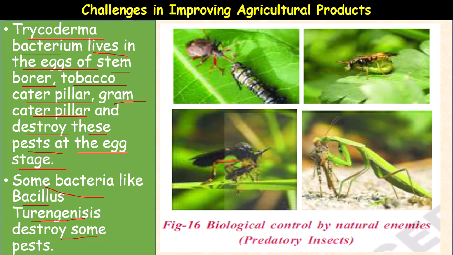So, these are biological control methods by natural enemies and predatory insects. You can see here the caterpillar has been eaten by this insect. Here also, the natural enemy. Here locust is eaten by stick insect.